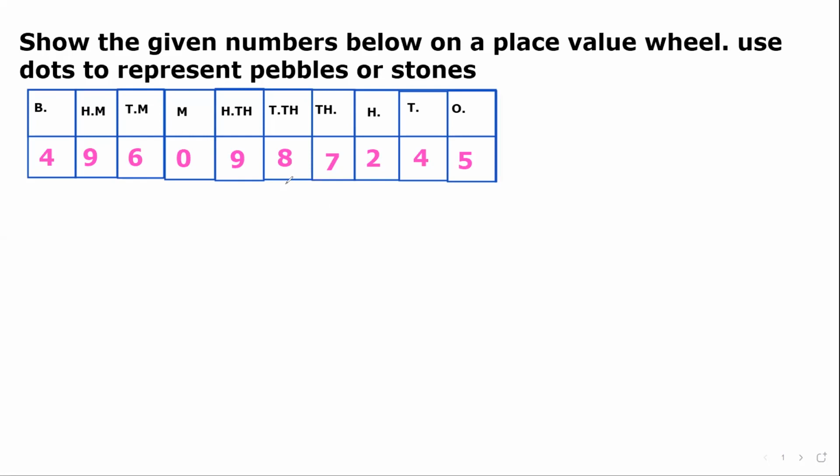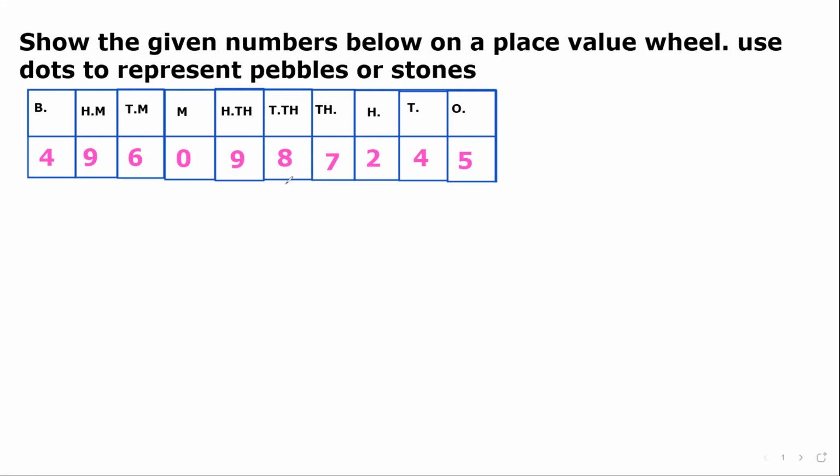Okay, so you're going to represent this on a wheel. You will draw your wheel and then demonstrate by using the dots, pebbles, or stones to show the quantity of these numbers stated on the place value chart.